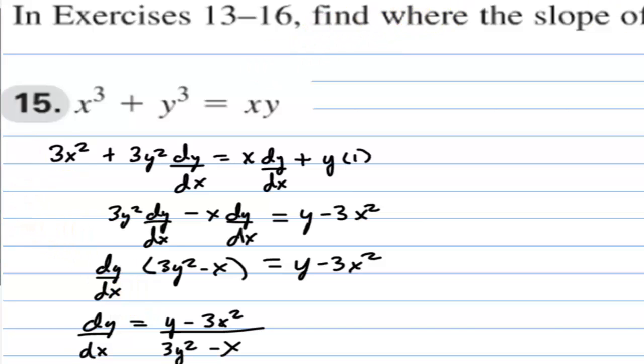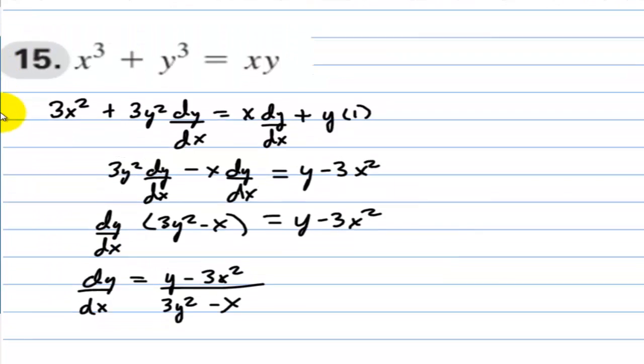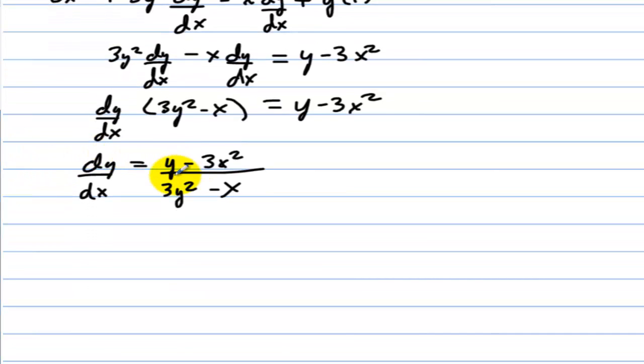And we want to find where the slope of the curve is defined. The slope of the curve will be defined where x and y do not make the denominator 0.